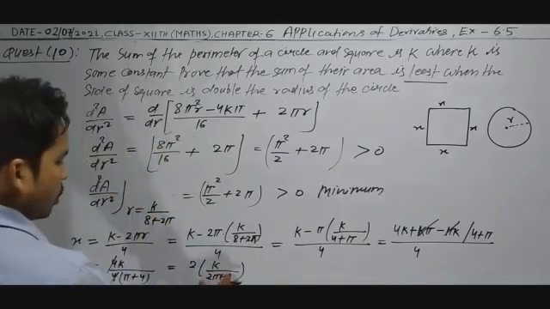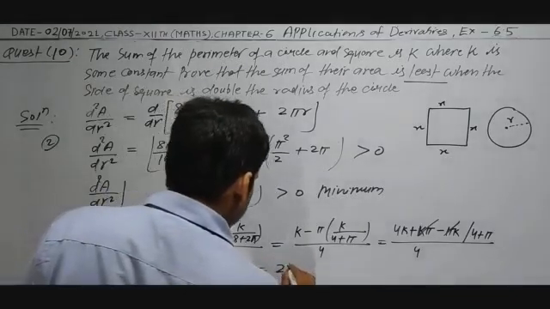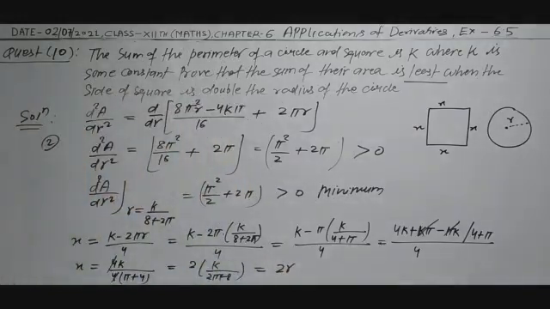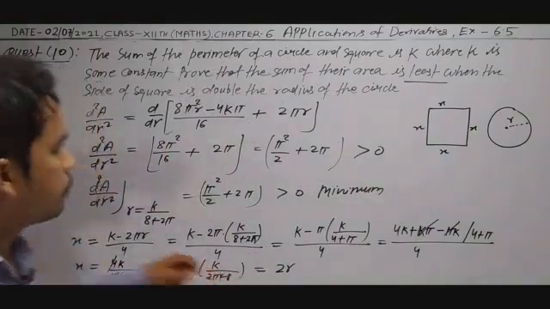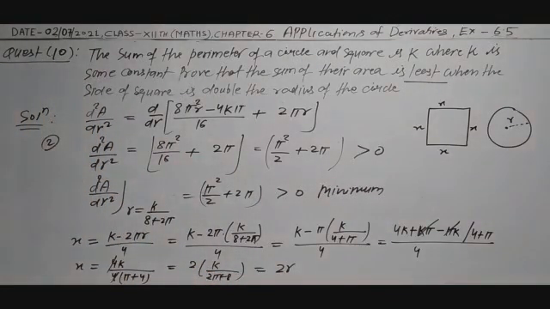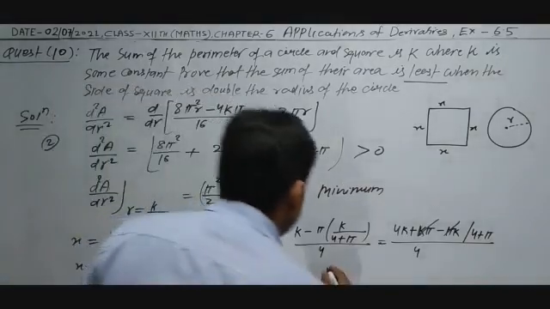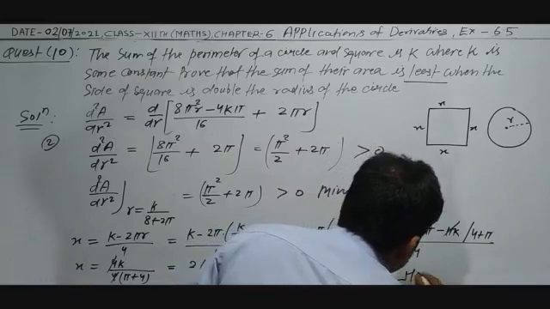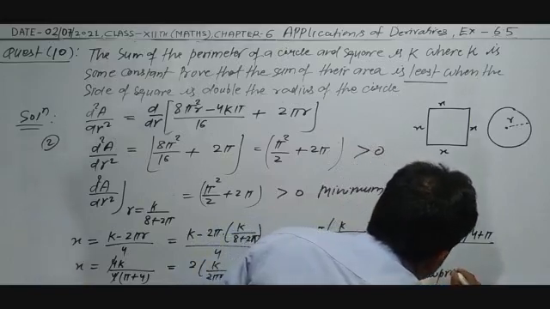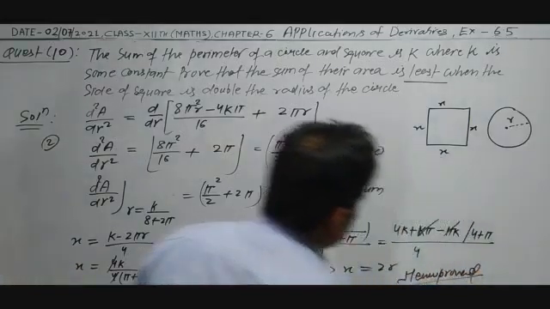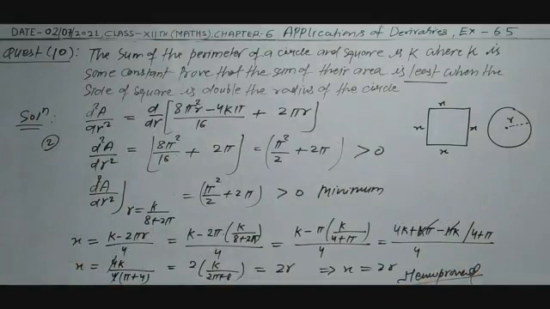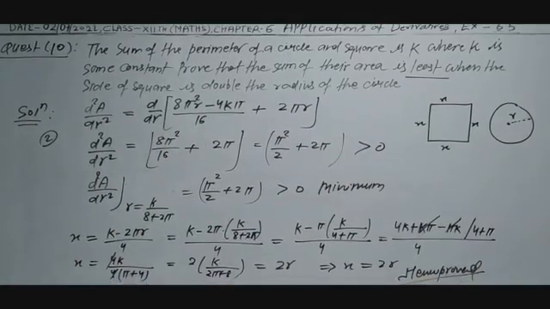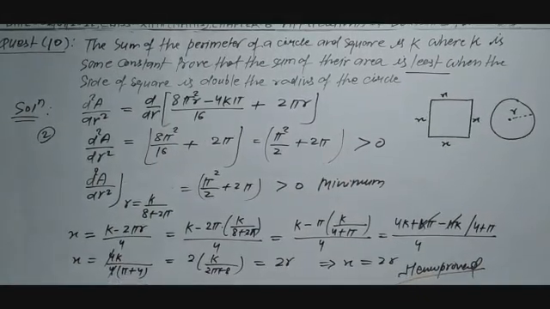Now this is the value of r, so this can be written as 2r. So the side of square is equal to double the radius of circle. Since x is equal to 2r, hence proved. Now see, this is completed.